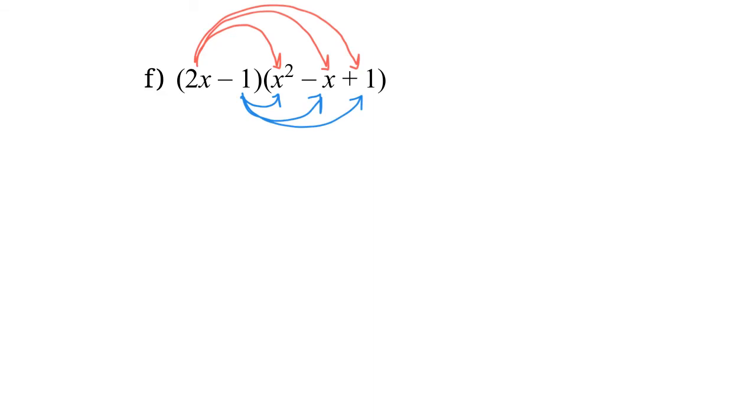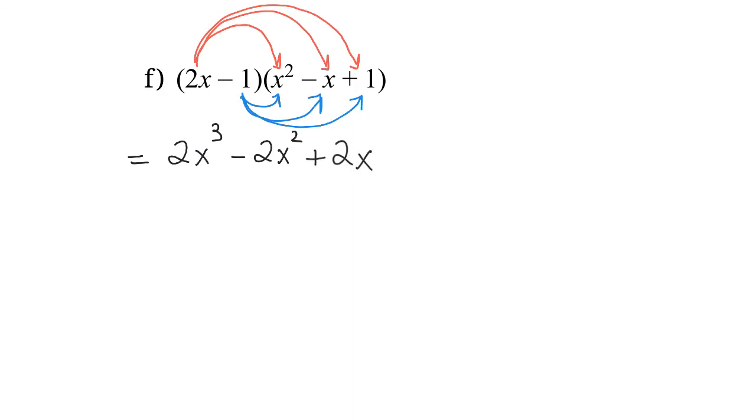So if we start, we're going to start with 2x multiplied by x squared, and that is going to give us 2x cubed. Then we've got 2x multiplied by negative x, which is going to give us negative 2x squared. And then we've got 2x multiplied by positive 1, which is a positive 2x.